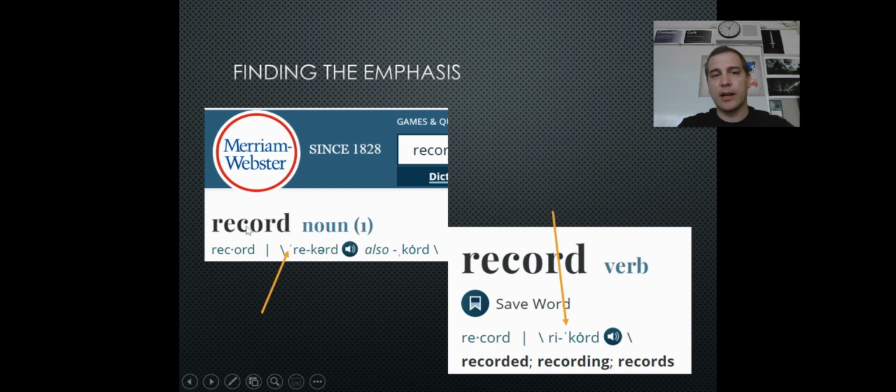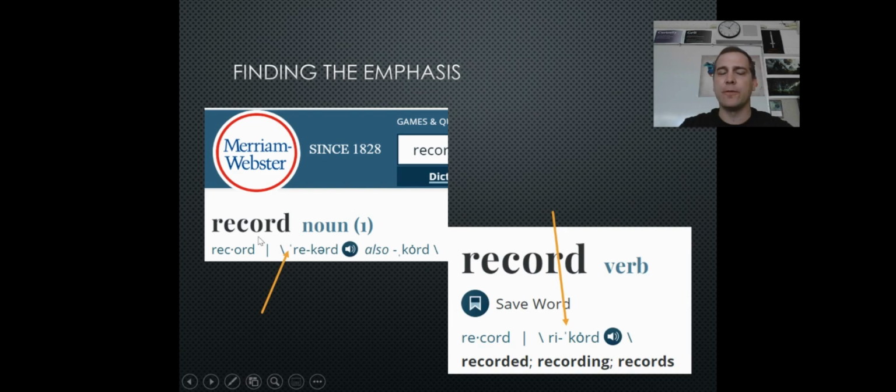And so here we have two words, right? The noun record versus the verb record, right? And so if you notice on the little pronunciation areas here, you can see on the dictionary, it shows you the two syllables. But here it has this little apostrophe, and the apostrophe is right in front of the stressed syllable.